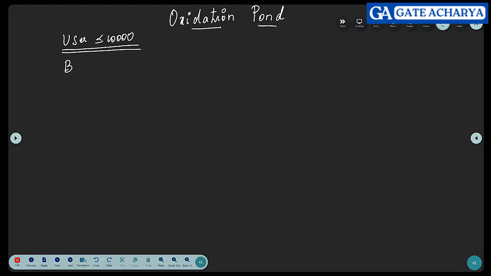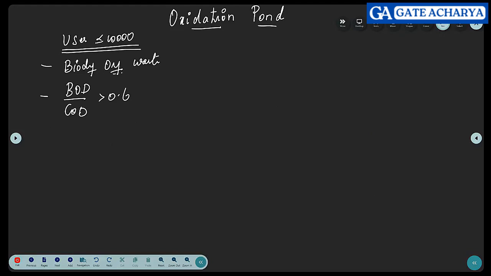Next one is the oxidation pond. Whenever the number of users is less than 10,000, and the waste produced is biodegradable organic waste, that means if the BOD to COD ratio is greater than 0.6, we can go with the oxidation pond.